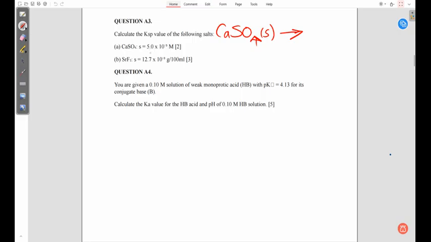So what are the ions that it will split into for the first one? You can see that we've got calcium ion and sulfate. Now calcium is from group 2, so it's 2 plus. For this to be in the ratio of 1 to 1, it implies that sulfate is 2 minus as well, which you should know. So the products are in the aqueous state. That's one thing that we know clearly. Let me just write that down where we have enough space here.